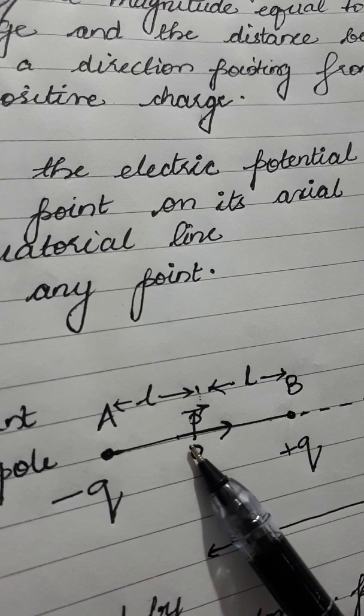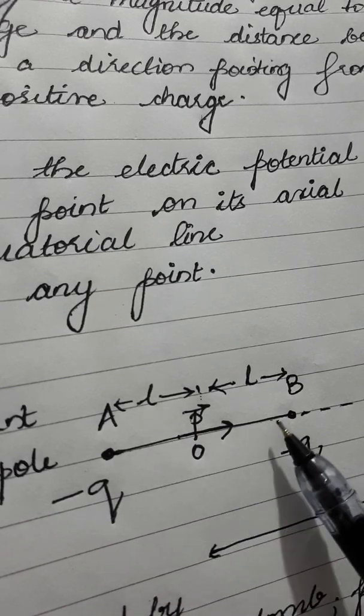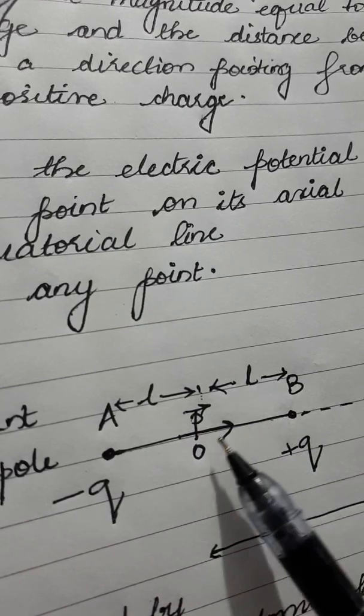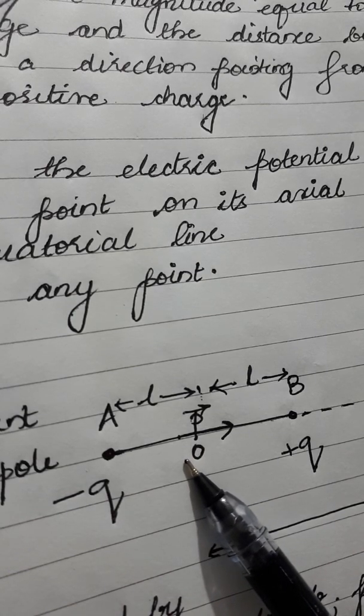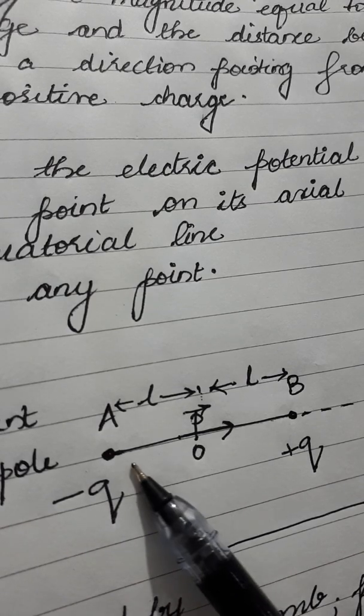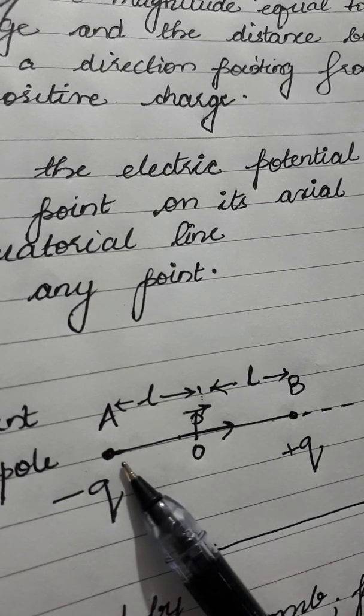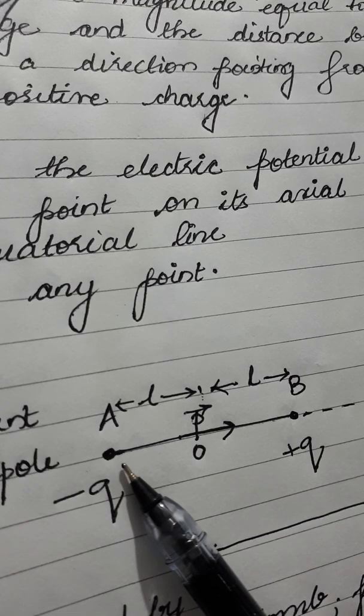Now to find the electric potential due to this dipole. If this arrangement is kept somewhere, then what is the electric potential of this dipole? There are three possibilities, three cases. We have to find out the electric dipole moment and its related electric potential.